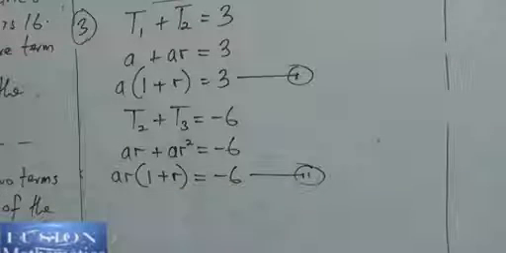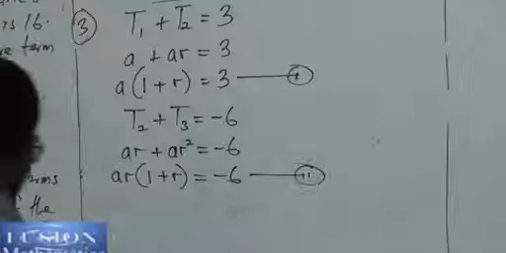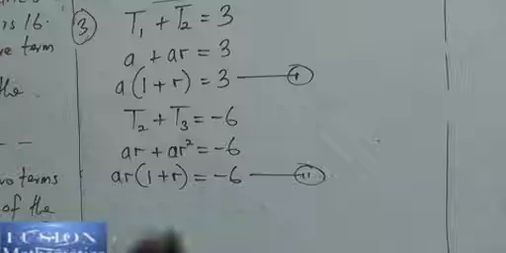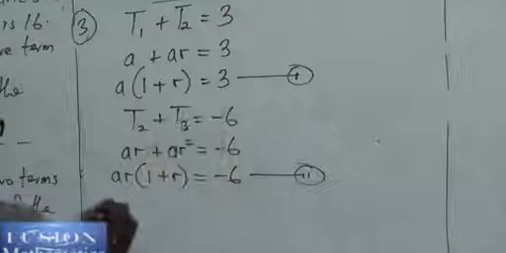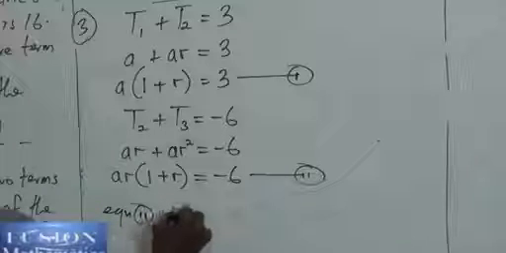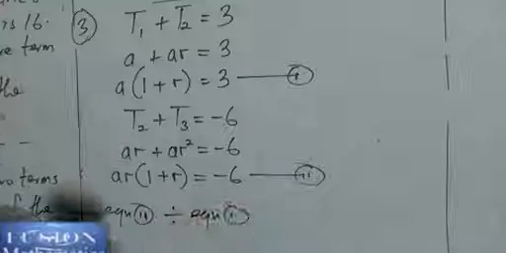Now, we're told to find the sum of the first term and the common ratio. So we need to find A and R. To do that, we take equation 2 divided by equation 1.